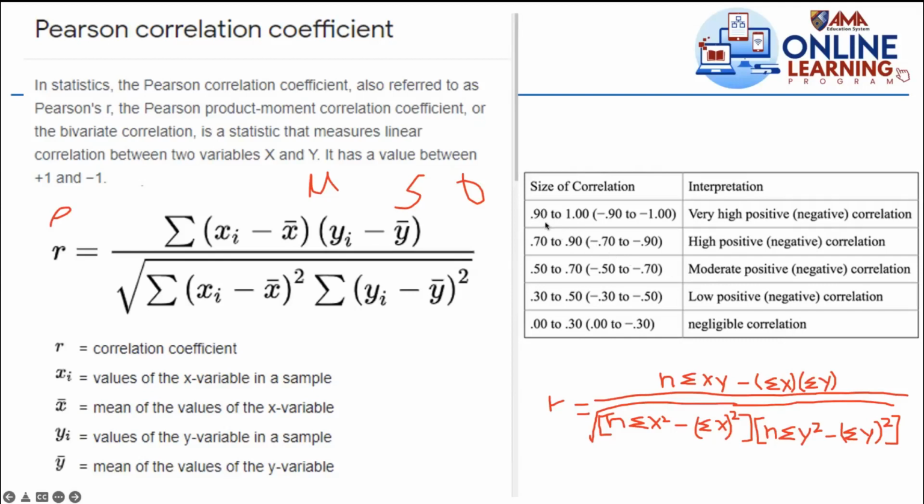Now, you notice the overlapping. Remember, we mentioned this in our grouped frequency distribution table: if there's overlapping, the meaning is "less than." So if you get 0.90 for r, it's here, meaning very high, not high, because this one means less than. So 0.89 is here, 0.70 is here, not there, and 0.69 is here.